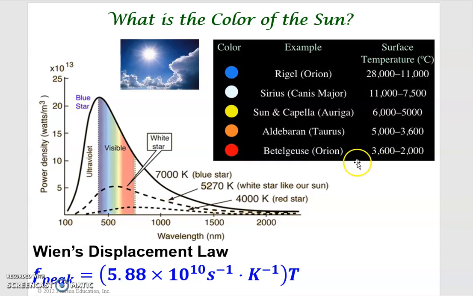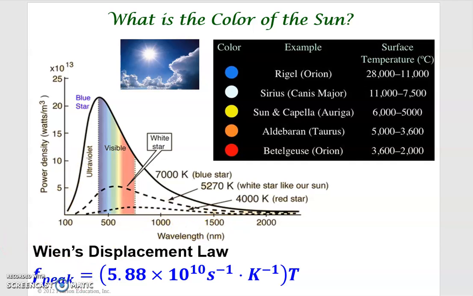But how do these temperatures affect the surface color? It is because of Wien's law. You can see there's a distribution here of the power. This power is related to the frequency of the light emitted outward.